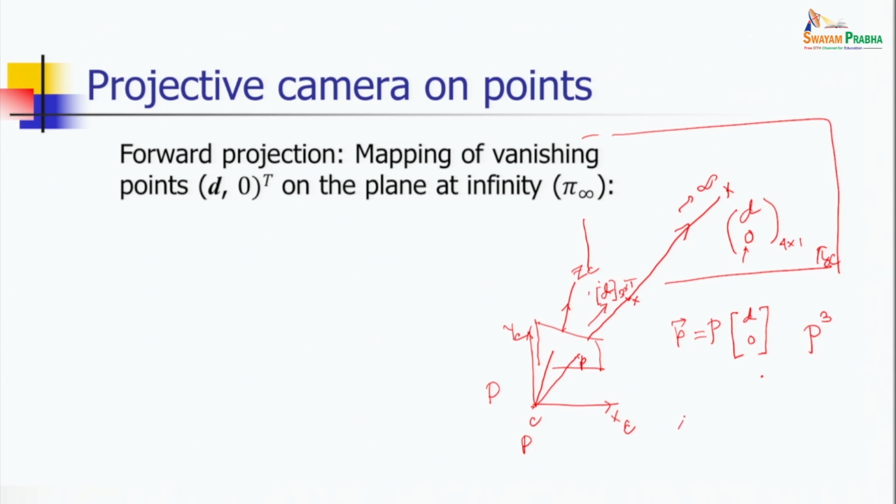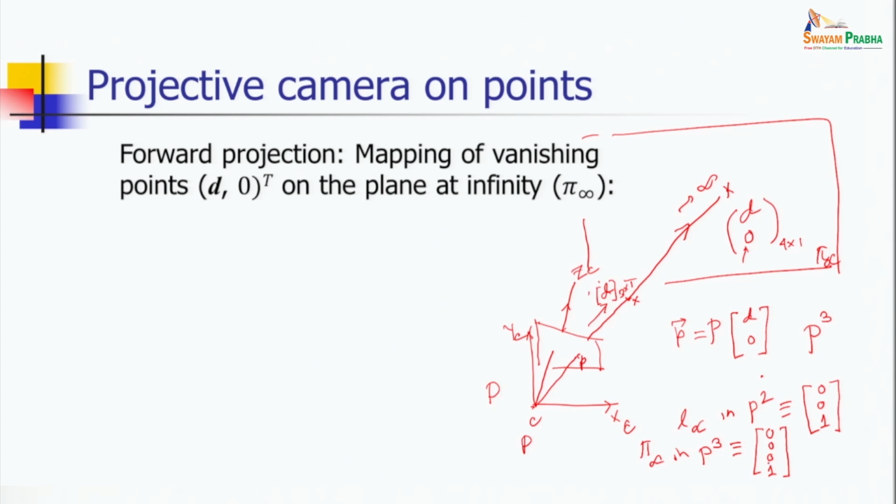If you remember, the line at infinity in the two-dimensional projective space was represented by 0, 0, 1. Similarly, the plane at infinity in three-dimensional projective space can be represented by 0, 0, 0, 1.